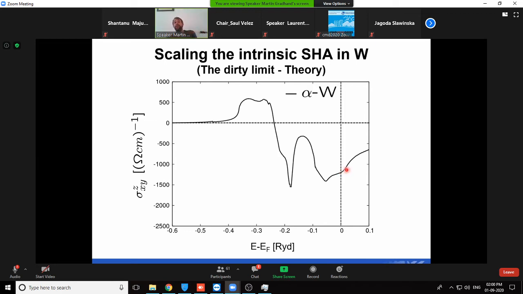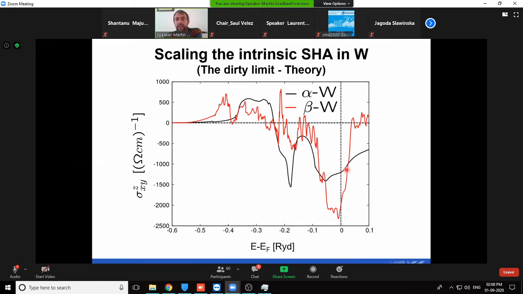But the alpha tungsten is not what is used in experiment to have a large spin Hall effect. What is used in experiment is actually the beta tungsten, which is an A15 structure. But what you can see is actually that the spin Hall conductivity is not that dramatically higher. That's maybe just about a factor of 2. So that's not that exciting actually.